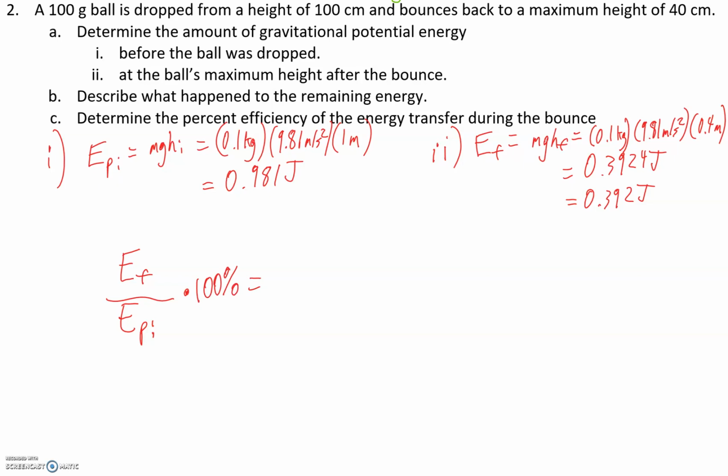So I mean, we could write all of these in again, or I could write it like this, even better. So hf over mghi. You'll notice that mg and mg are on top and bottom.